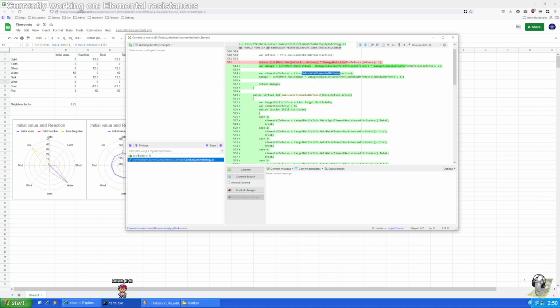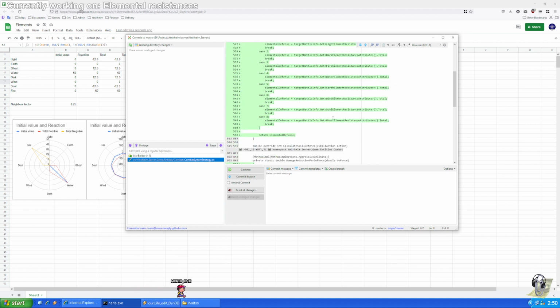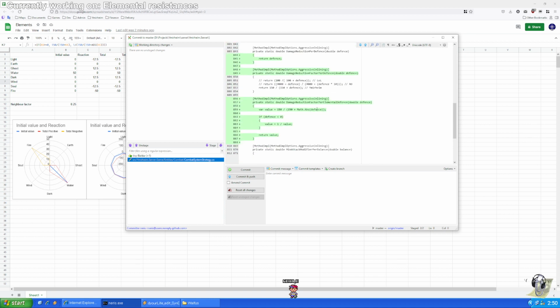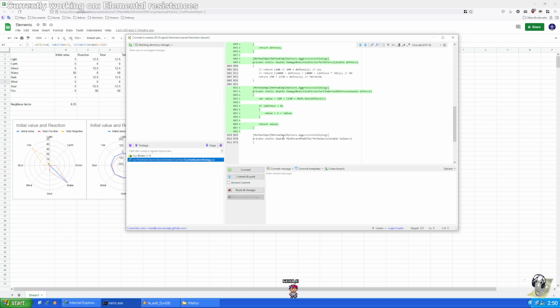Then we have calculate elemental defense, which is just retrieving the attribute. It's fine. And then damage reduction factor per elemental defense, limited to 1. Okay. Looks good.